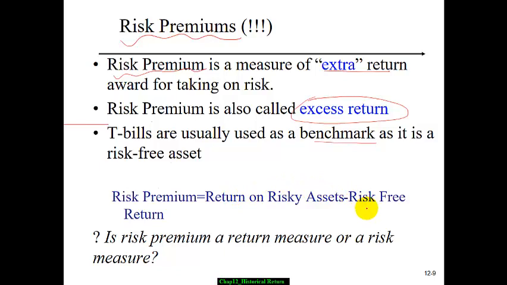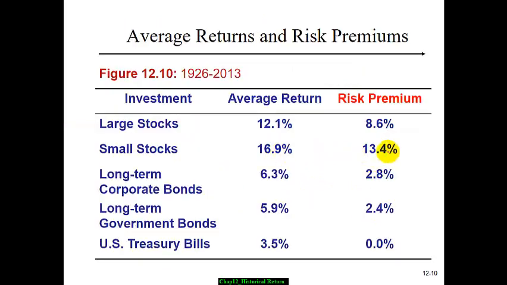Just subtract the risk-free return. We discussed the risk premium for small stock. Similarly, you can find the risk premium for the others by taking the return and subtracting the Treasury bill return. Typically, the risk premium and average return are very similar in ranking different types of securities, because after all, the risk premium is only subtracting a constant term, which is the Treasury bill.